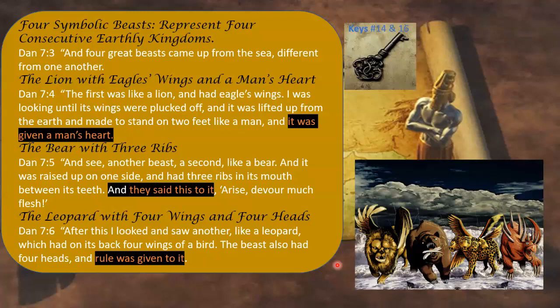And then the bear with 3 ribs, I thought it was interesting where it said, and they said this to it, arise, devour much flesh. And my question is, who is they? That's one of my questions. And also the leopard with the 4 wings of a bird. The beast also had 4 heads, and rule was given to it.